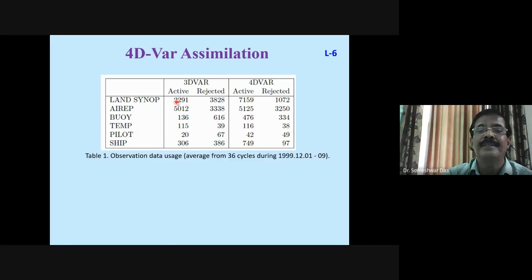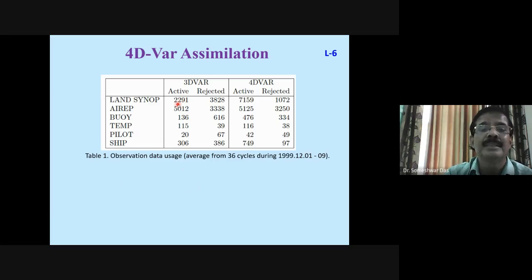You see that out of the total, 38 plus 22, almost 6,000 observations, nearly 4,000 were rejected and only 2,000 were used.